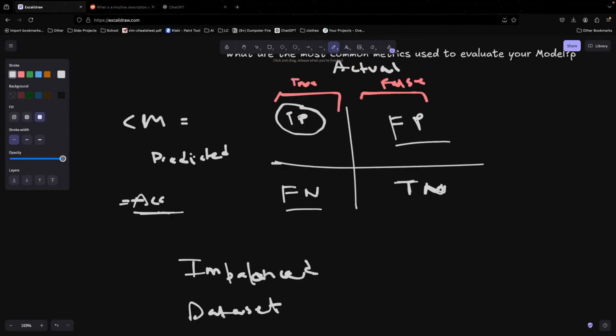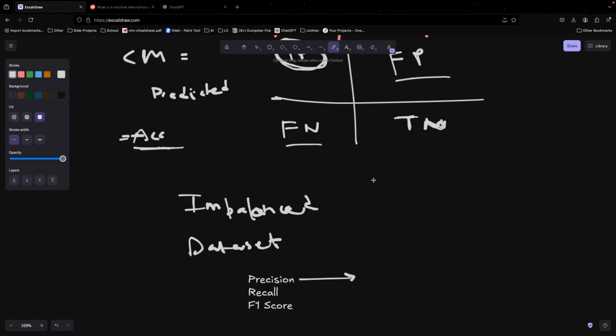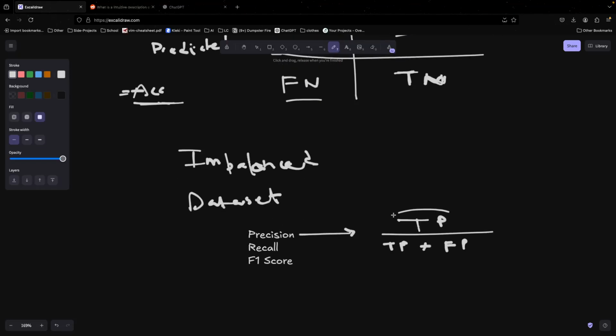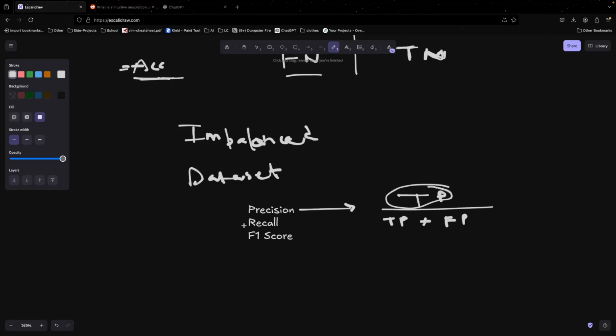Among all the positive guesses, precision would be true positive over true positive plus false positive. So among all the positive classes that are predicted, how many are actually truly positive?